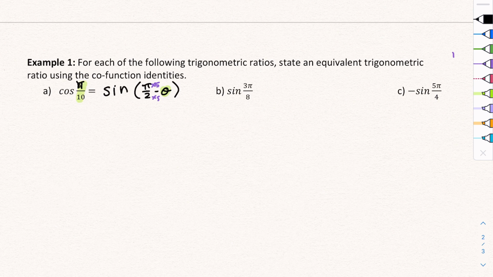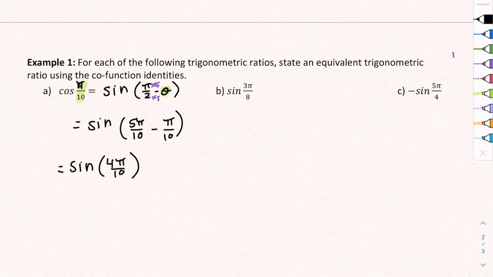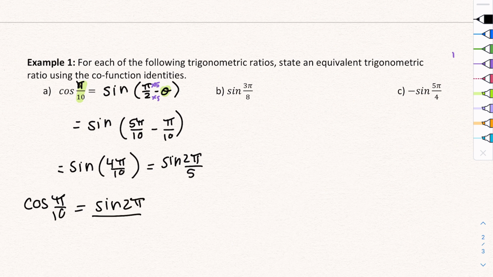So what we're going to have now is sine of 5 pi over 10 minus pi over 10. So now we have sine of 4 pi over 10, which is equal to sine of 2 pi over 5. So we can state that cos of pi over 10 equals sine of 2 pi over 5.